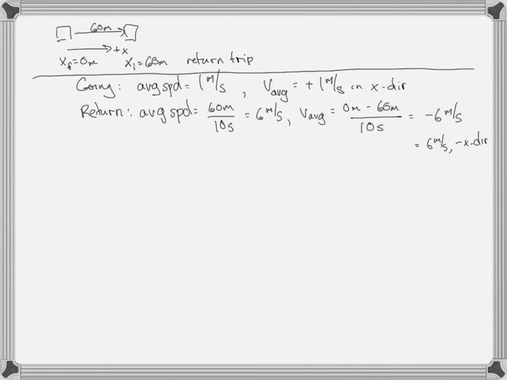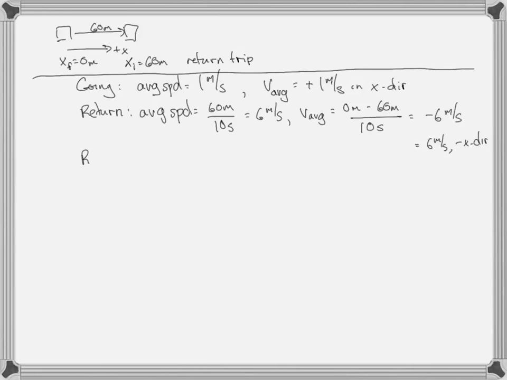The minus sign, you can take it out in front of the x direction. So it's 6 meters per second in the minus x direction. Minus 6 meters per second, if I have defined my plus x as is, means 6 meters per second in the minus x direction. So notice that the average velocity is different than the average speed now.